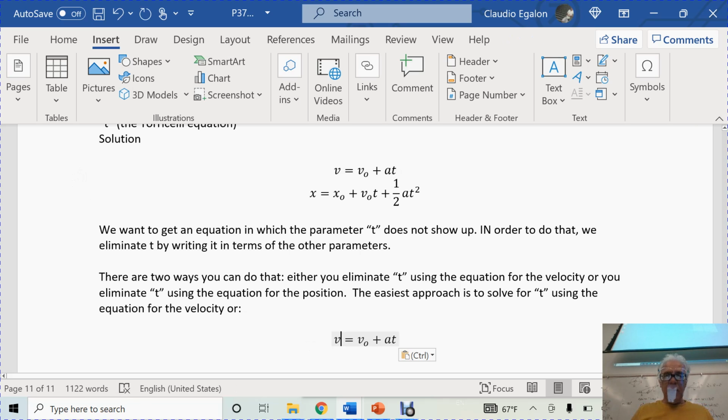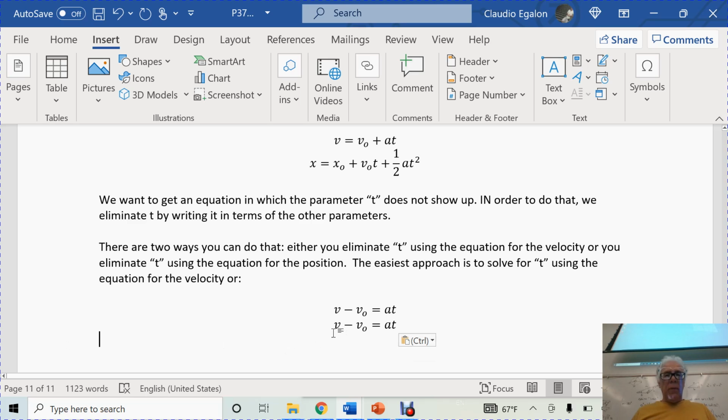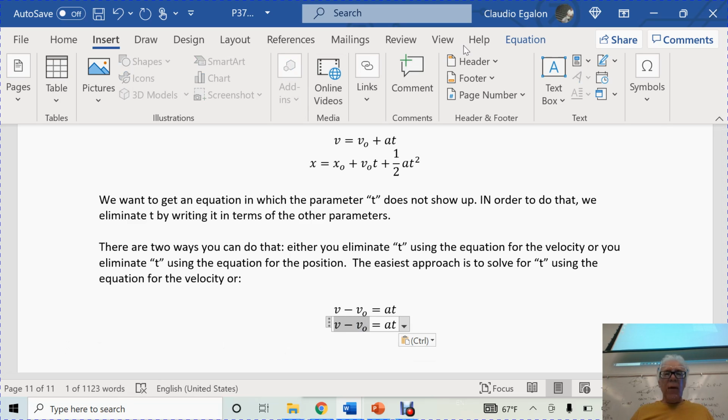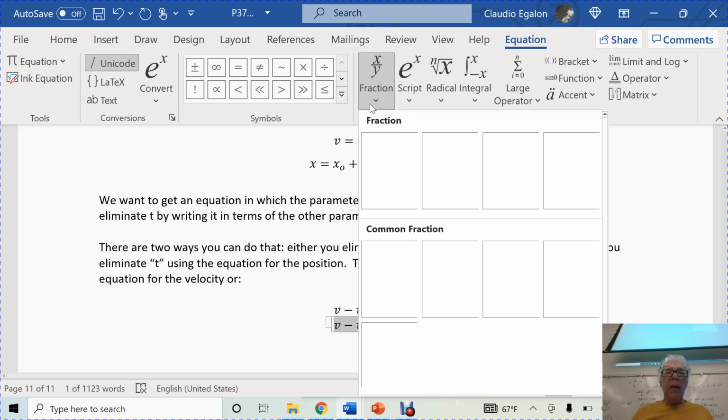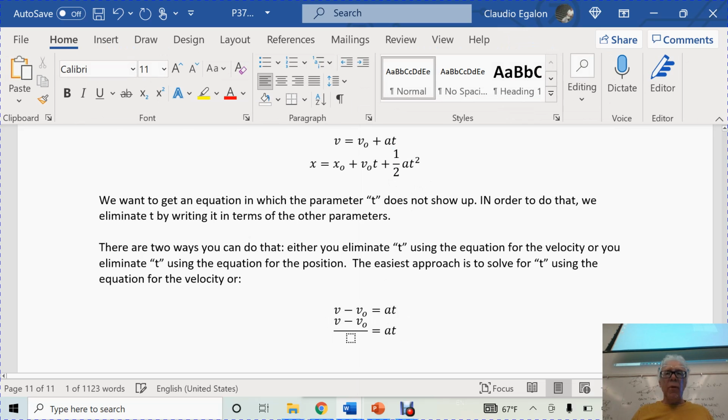I'm going to pass v naught to the other side, and it becomes negative. Then divide both sides by a. Oh my, this computer is so slow.